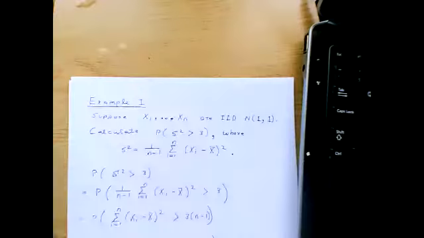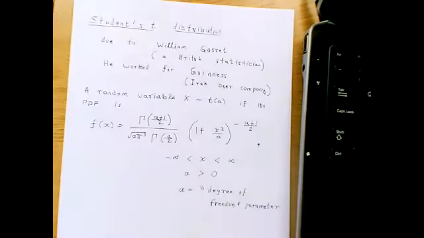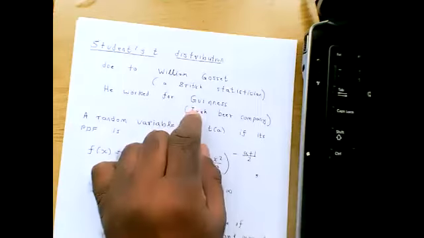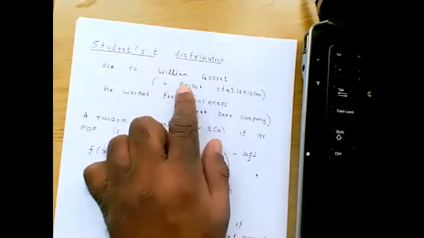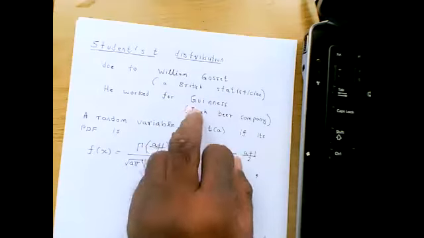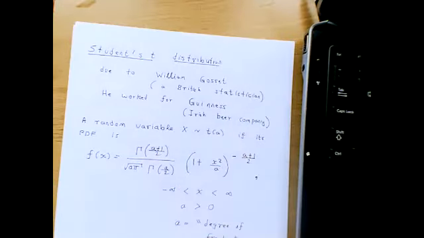So this is an example on the chi-square distribution. The next one is the student's t distribution. There's a story about this. This distribution is due to William Gossett, a British statistician who worked for Guinness, the Irish beer company.